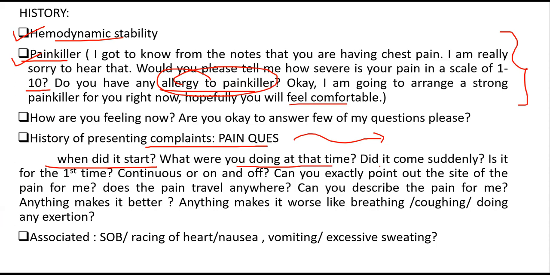Now, let's just stop here a little bit, because there are a few other things we do in this case as well, depending on the question. You will come across a question just in a moment, where they already give you a scenario where you already know this patient is having an acute myocardial infarction.